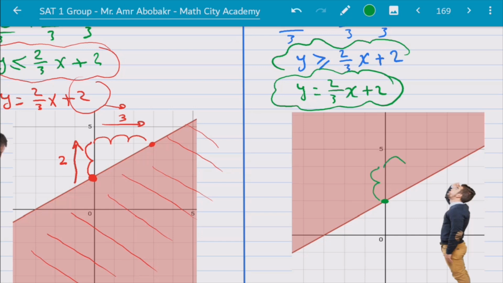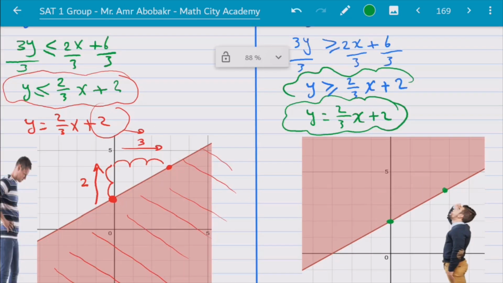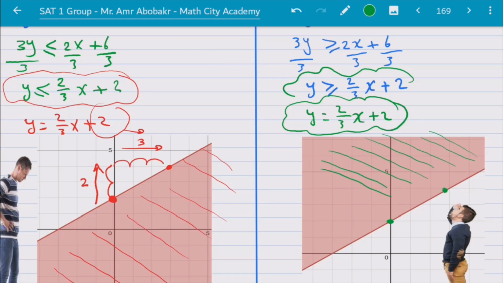Right 3 steps, 1, 2, 3. So this is the second point. And join them. Then this inequality y is greater than or equal, greater than, greater than. So I color the top or up area. Above the line, above the line.